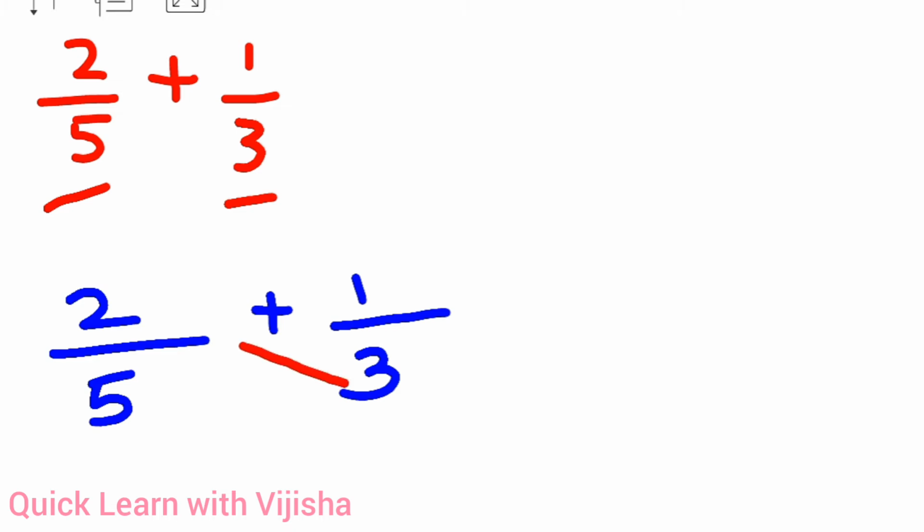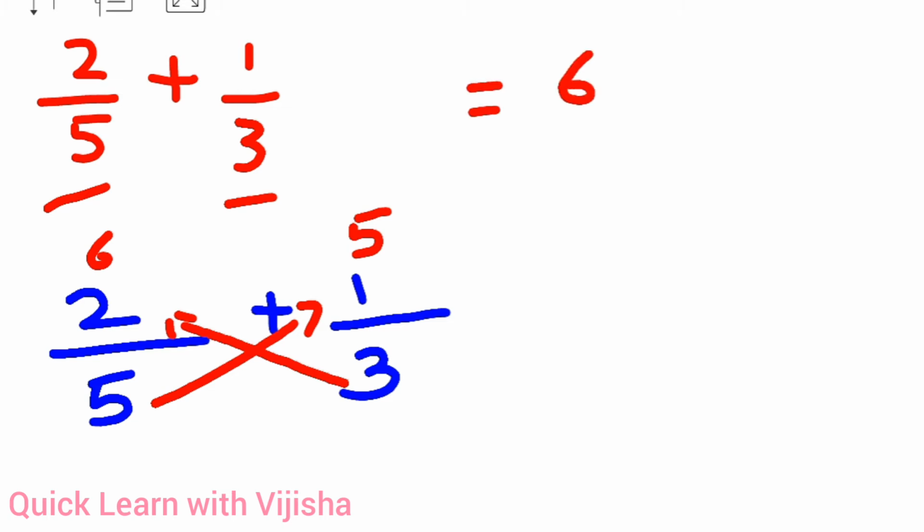So this 3 multiplied this side will give you the answer as 6, and 5 multiplied this side will give you the answer as 5, 5 1s are 5. Understanding children? What we have done: 3 2s become 6 and 5 1s become 5. Now we will see how to write this. The values you have got, 6 plus 5.